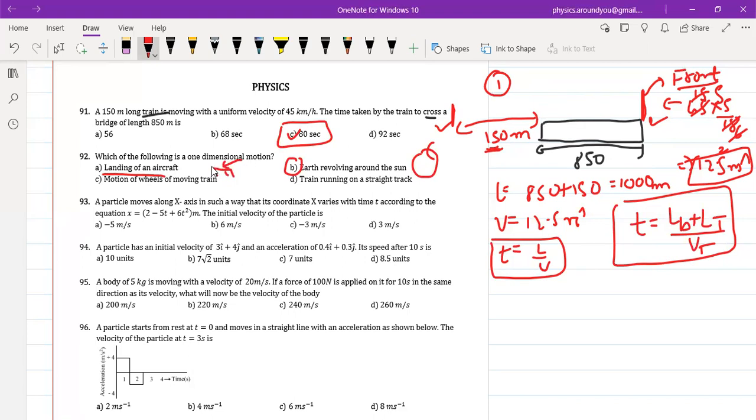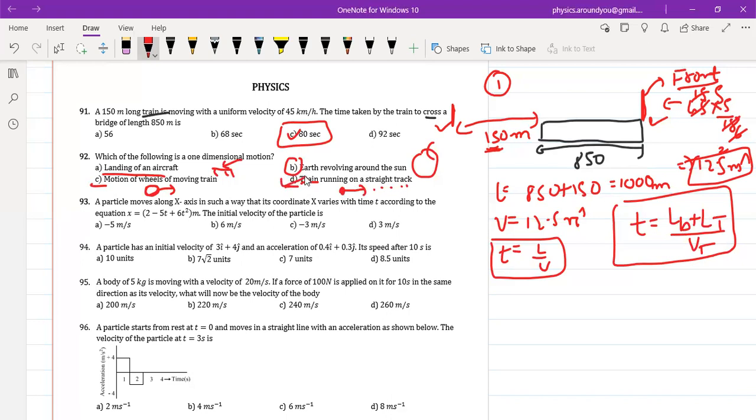Motion of wheels: wheels are rotating as well as moving forward, so definitely two coordinates are changing. But for option D, train running on a straight track, we will model the entire train as one particle. The one particle is moving in a straight line. Only one coordinate is changing, so it should be D.